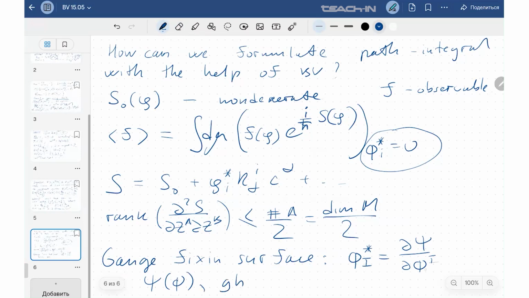In order for this to work, we need the ghost degree of psi to be -1. And this is traditionally called the gauge fixing fermion.